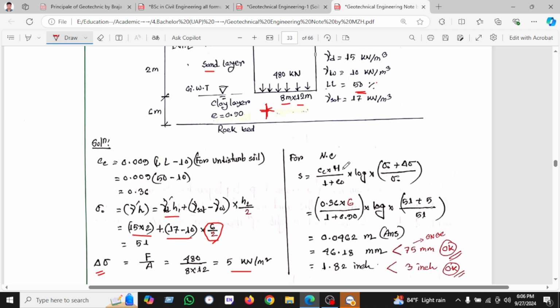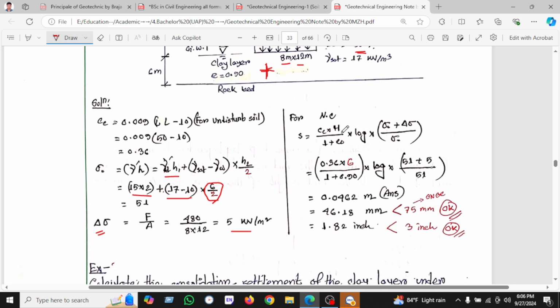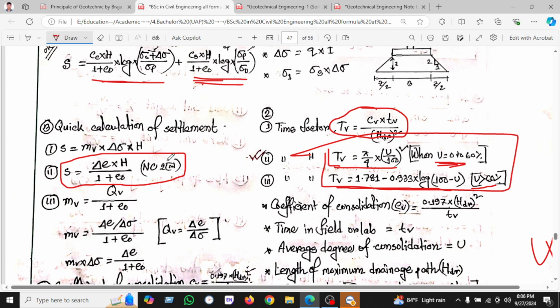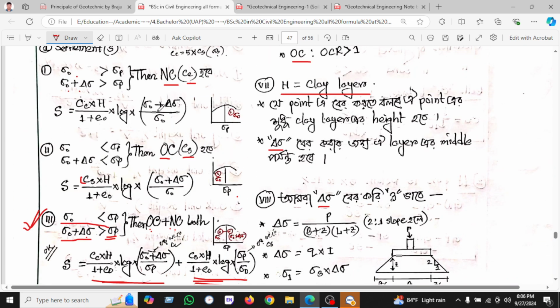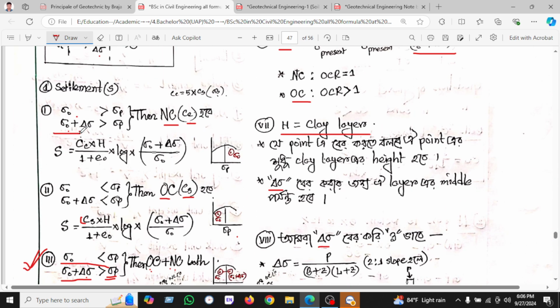So for normal consolidation, we are knowing the normal consolidation formula is given here: Cc into H over 1 plus e, times log. How will we get the normal consolidation? So this is a very vital question. If we want to go to the normal consolidation, then the condition must be satisfied here.